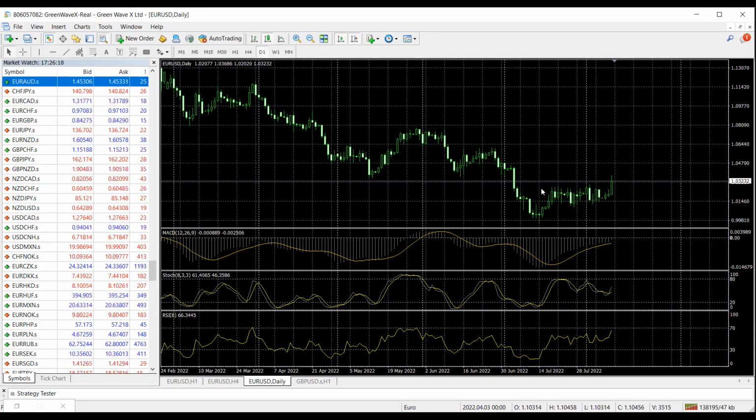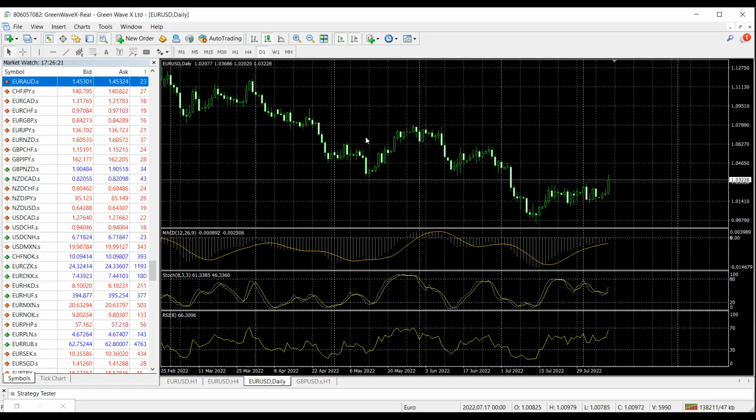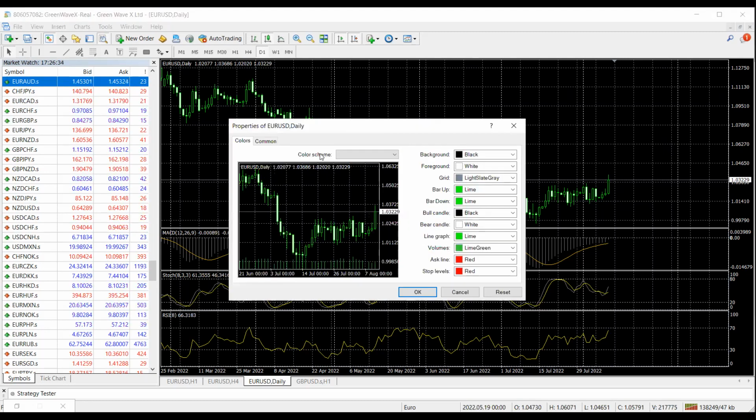Okay, so the last time our teacher explained to us how we can customize our charts. On the MetaTrader 4, you have 3 default color schemes.